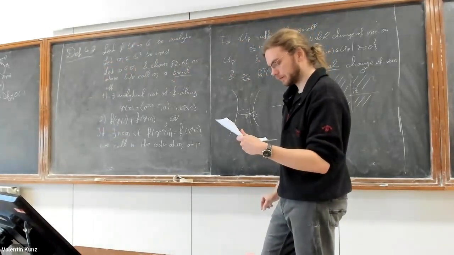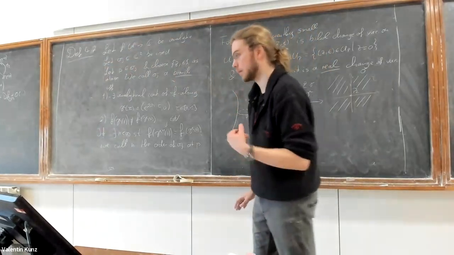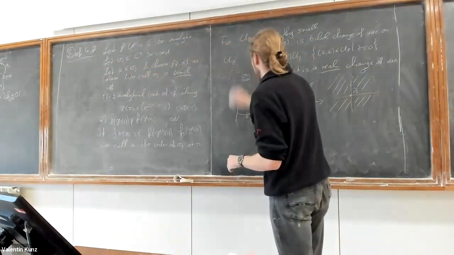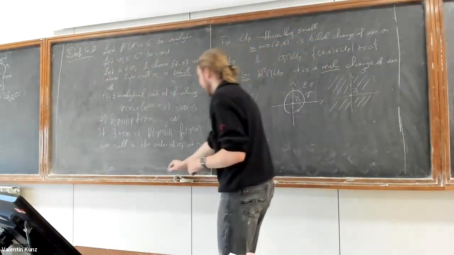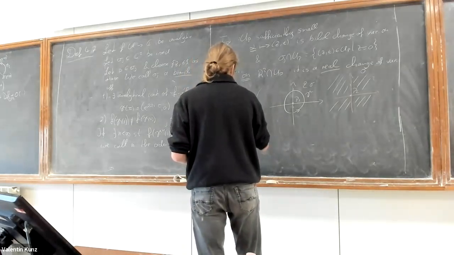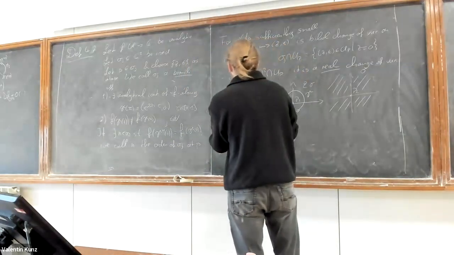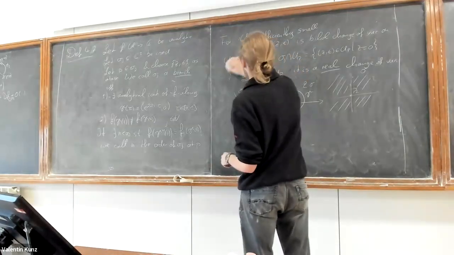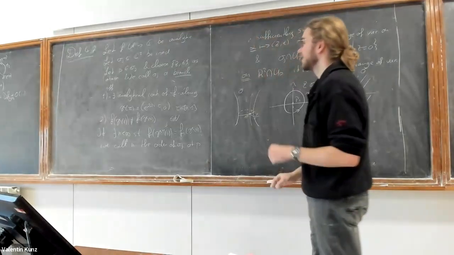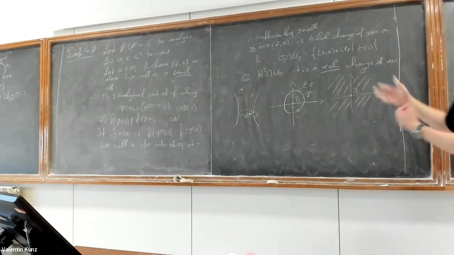Okay, just give us a second to start digesting it. F is analytic in U. Sigma is irreducible.